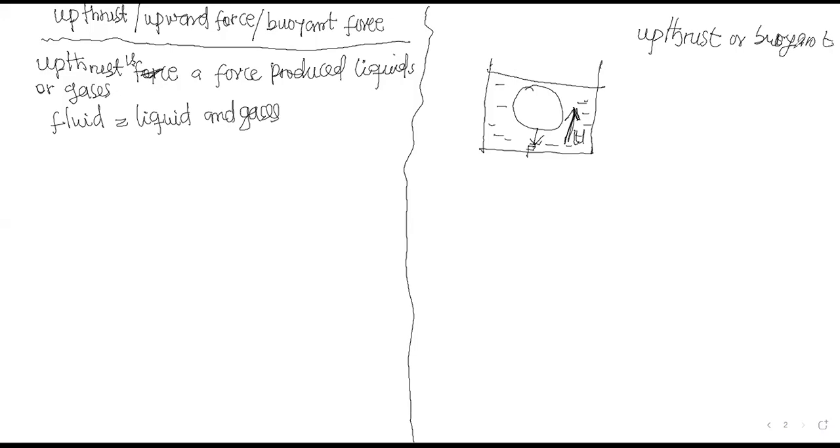And so when you try to lift a colleague in water, it feels easier because you are supported by the upthrust. You are trying to apply force upward to lift the colleague. And so this force in water or liquids will give you the extra push.